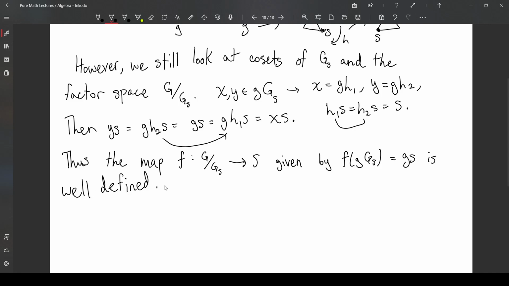Remember this nuance here: whenever we define a map on a factor space implicitly using a coset representative, we have to show that it doesn't matter which representative I choose.